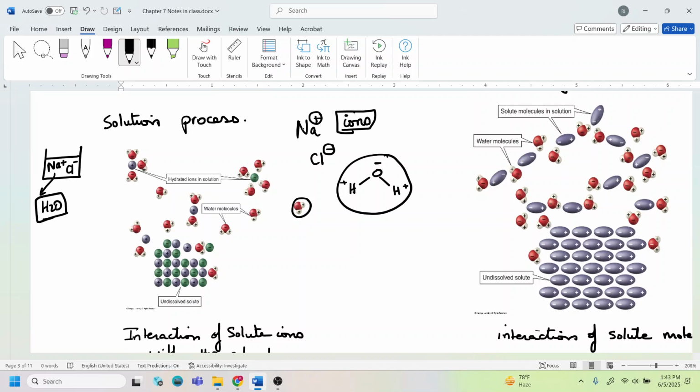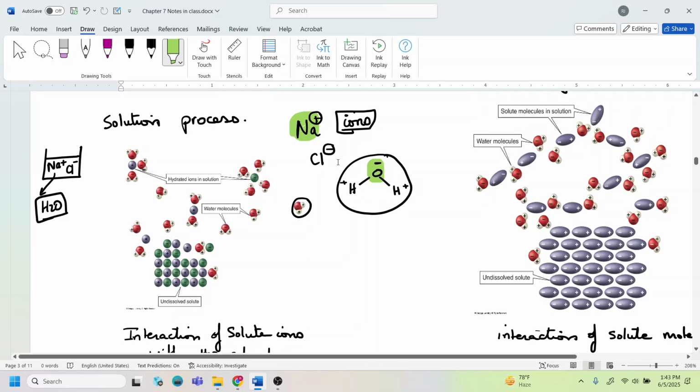So for the water to dissolve the sodium, you should have an interaction between the sodium and the oxygen, not the sodium and the hydrogen, because sodium is positive, right? So it needs to interact with a negative charge oxygen so that you would have what we call an ion dipole interaction.